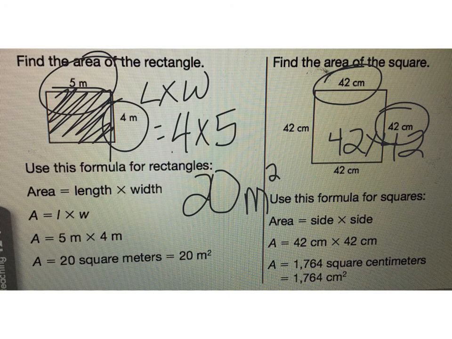I'm just waiting, making sure you wrote it down, doing the math. 42 times 42, you should get this answer down here. 1,764 centimeters squared, which looks like this, centimeters squared. Or you can write square centimeters like they wrote right there.